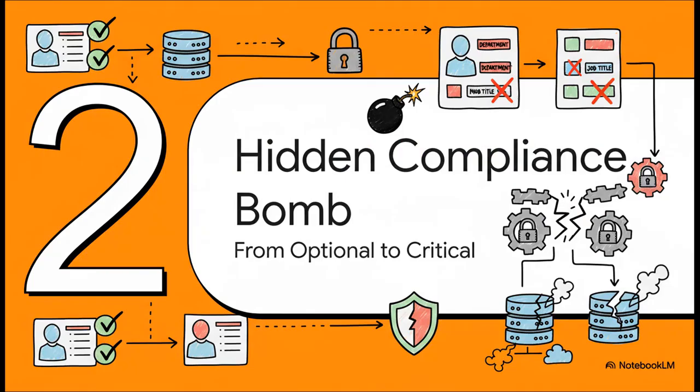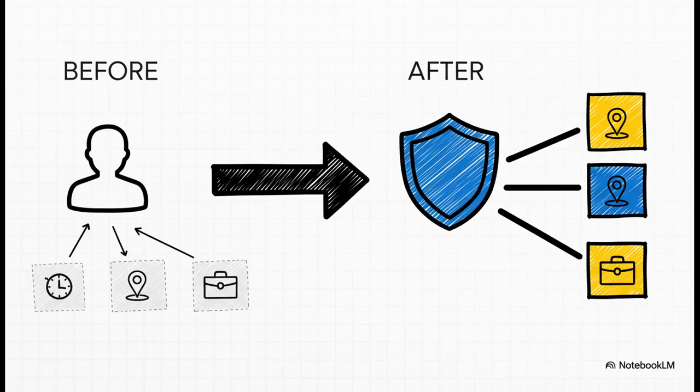Okay, so this is where that tiny little oversight starts to morph into a ticking time bomb. And the first place it's going to go off is in your organization's compliance. You see, the game completely changes the second your organization starts using the really powerful compliance tools inside M365. And I'm talking specifically about Microsoft Purview, because all of a sudden, those optional fields, they're not so optional anymore.